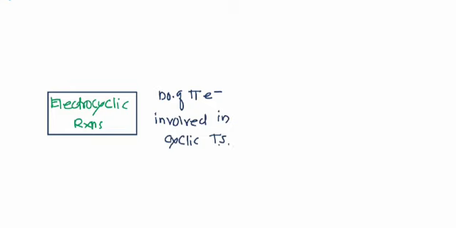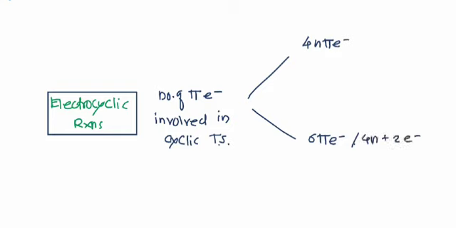And there are only 2 types of cyclic transition states. One is called 4n pi, or we can call it 4 pi, and the other is called 6 pi, which means 4n plus 2.